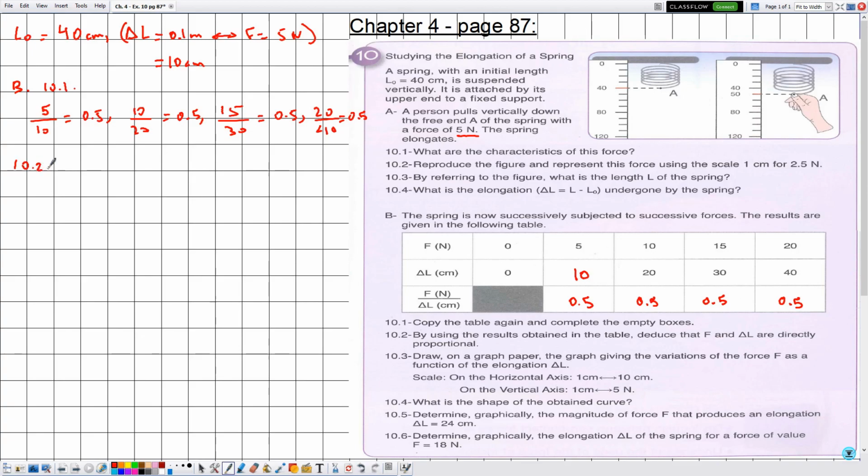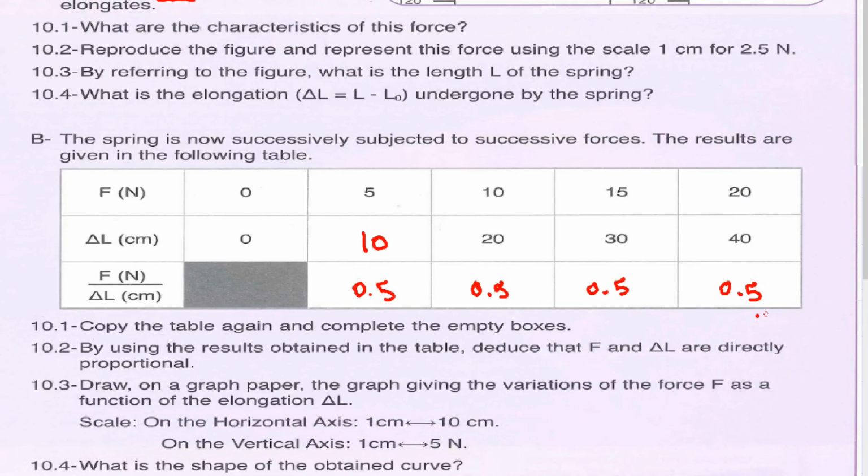Now in 10.2, they are telling me by using the results obtained in the table, deduce that F and delta L are directly proportional. Notice that here in the third row, the value of F over delta L remains constant, which is given by 0.5.